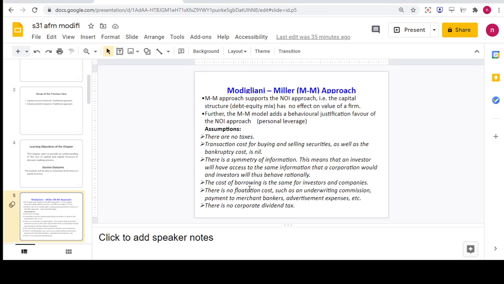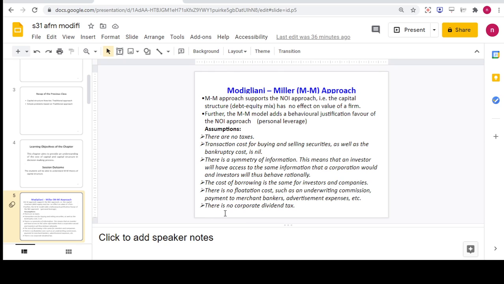Next assumption, the cost of borrowing is the same for investors and companies. The borrowing cost is the same. Next assumption, there is no flotation cost such as underwriting commission, payment to merchant bankers, advertisement expenses, etc. That means the cost of the issue of equity shares is nil.